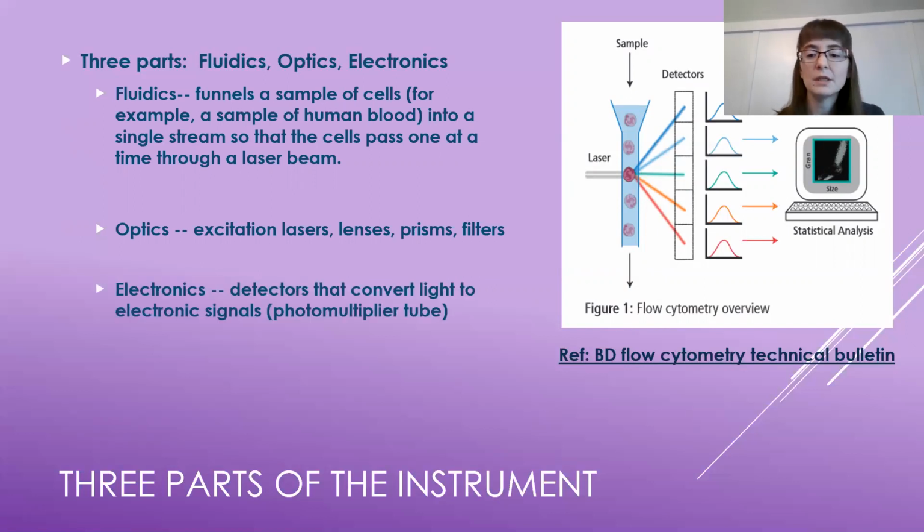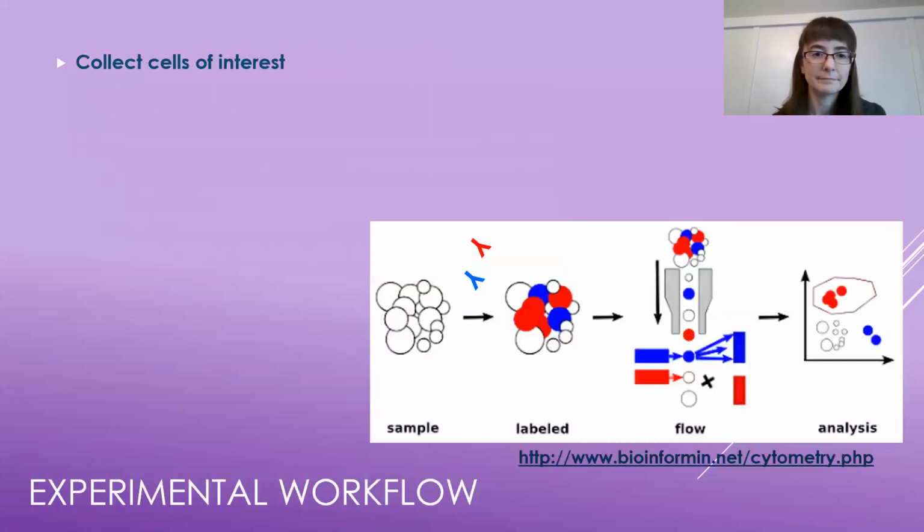And then finally, we need an electronic system so that we can convert that light that's emitted from the sample or scattered by the sample so that we can detect it with our computer. And so we're going to focus here primarily on the optics, but there's a lot of innovation that goes into designing newer and better flow cytometers by improving the fluidics and the electronics as well.